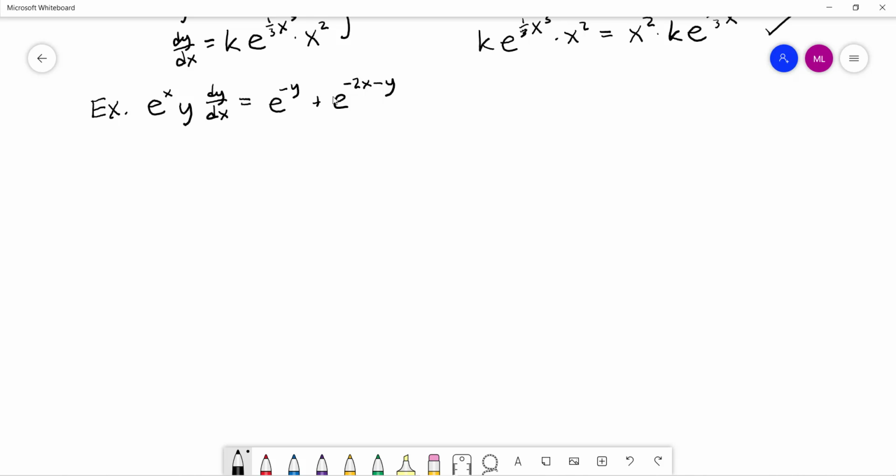I'm going to multiply, and we're doing this to both sides. First things first, let's get this e to the x over to the other side. So I'm going to multiply both sides by e to the negative x to move that over to the other side. I'm going to multiply both sides by dx to move that over to the other side.